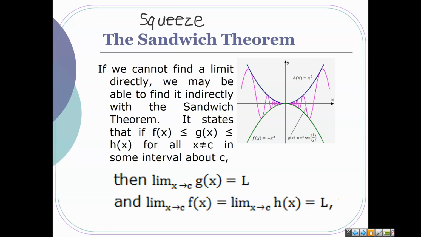So you might also have it read to you as the squeeze theorem in our textbook. Basically it says that if you have a function whose limit is oscillating, it does not exist. But what we can do is squeeze that function between 2 functions we know do exist to find the limit.